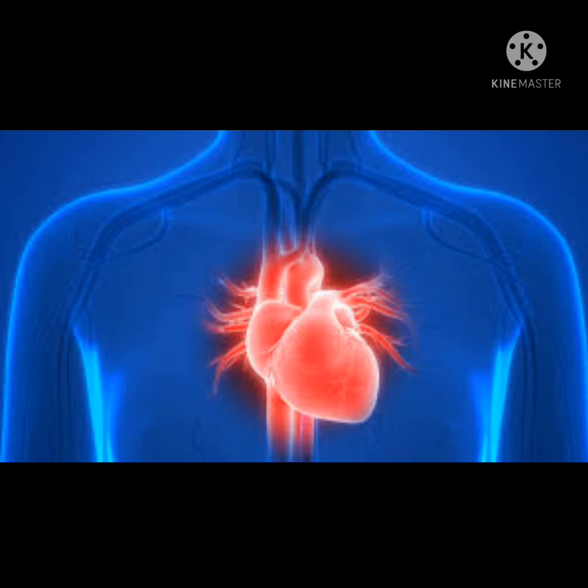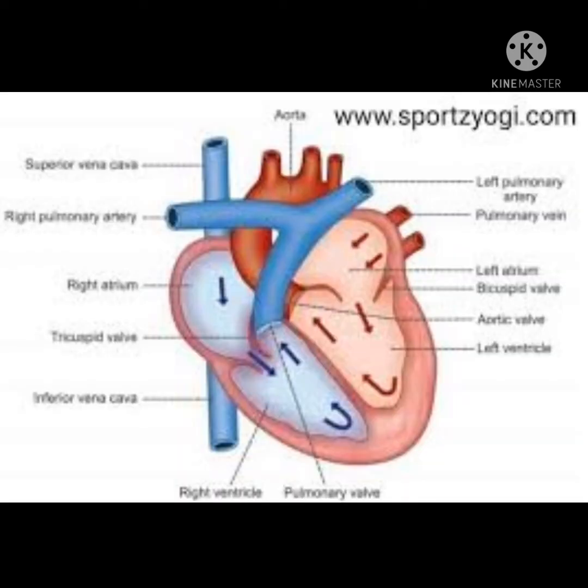Two are at the upper part and two are at the lower part of the heart. The two at the upper part are called atria, and the two at the lower part are called ventricles. Due to their positions, they are distinguished as right and left atrium and ventricles.